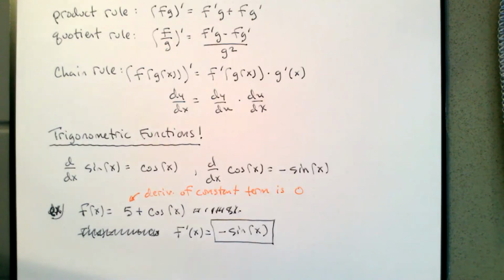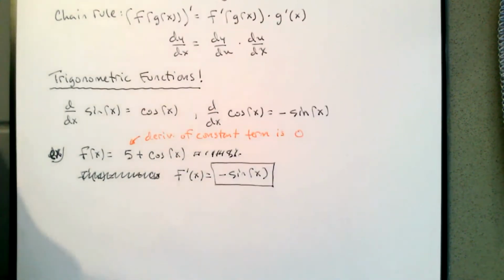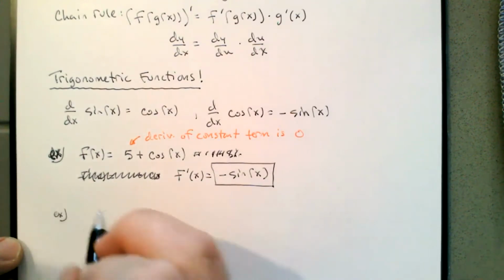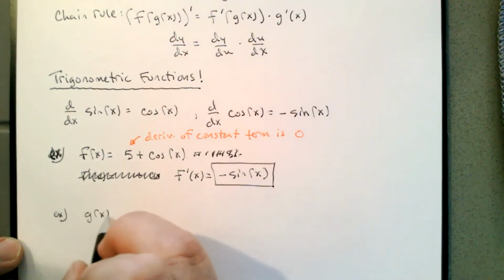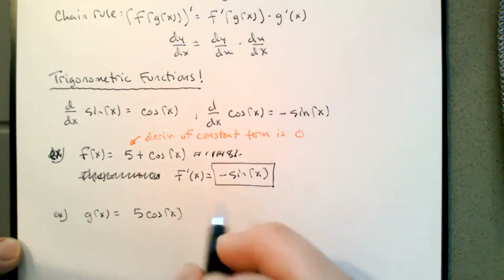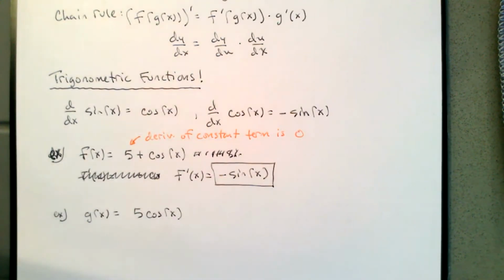If we have a constant multiple, that just carries along. So, for example, let's say g of x is 5 times the cosine x. So instead of 5 plus cosine x, we have 5 times cosine x. We know the derivative of a constant times a function is that constant times the derivative of the function.